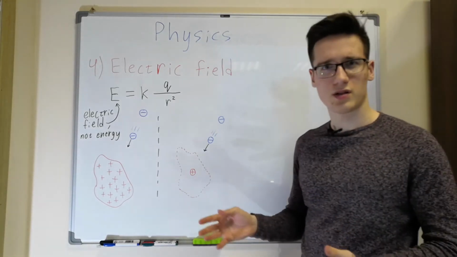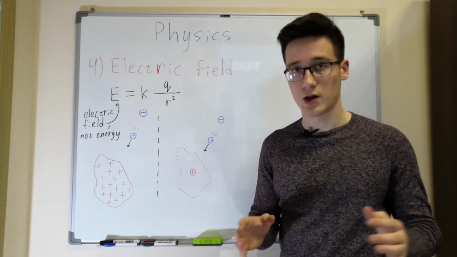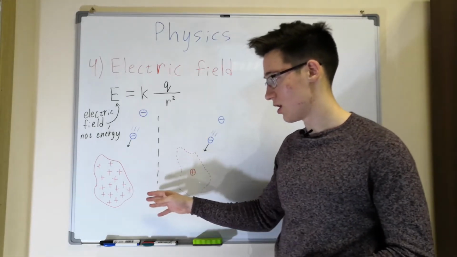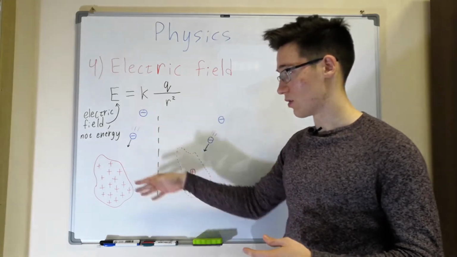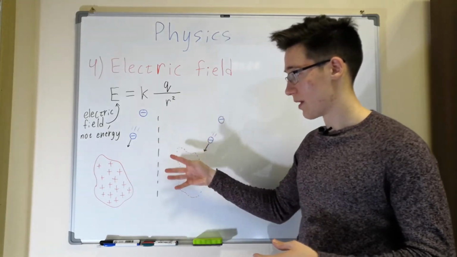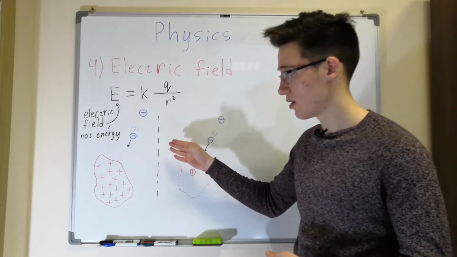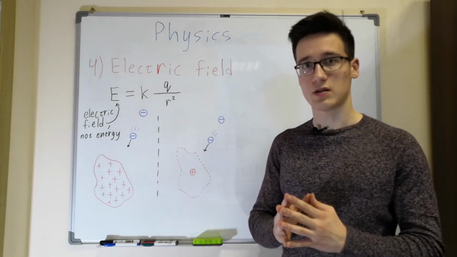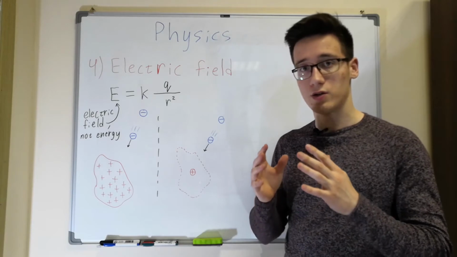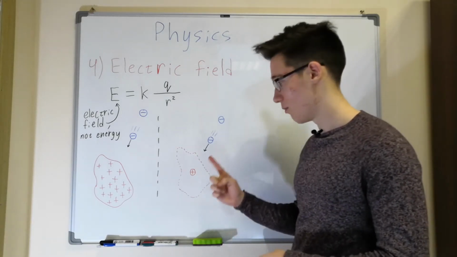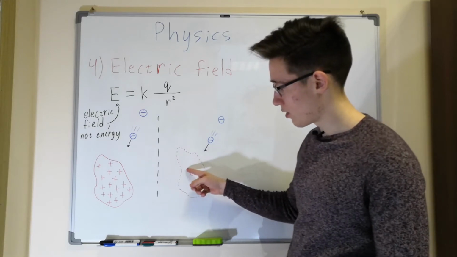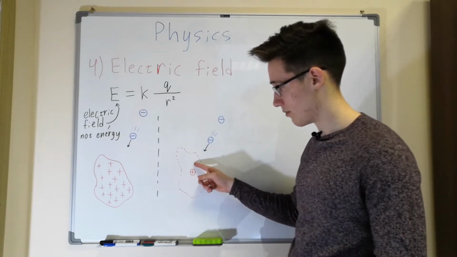Well, what is its center? The important point here is that any number of charges, including any number of point charges, generate electric field around them. And this electric field, in 100% of the cases, is equivalent to the electric field that would be generated by one point charge somewhere in the center of the charged body.